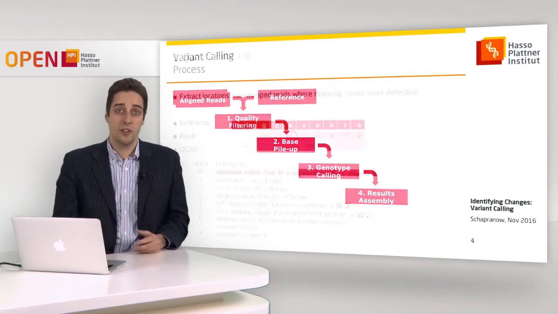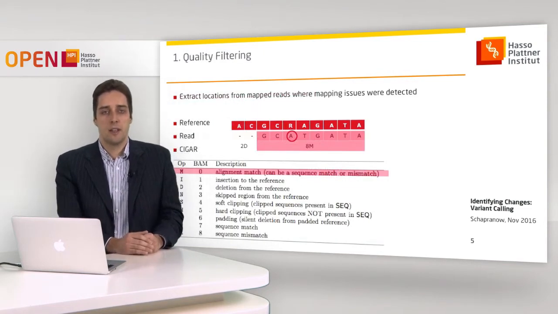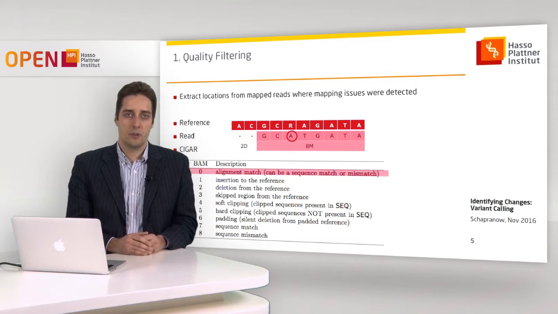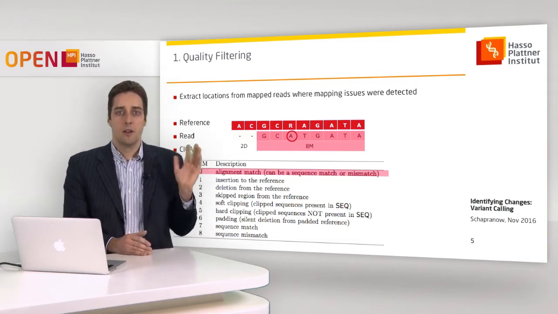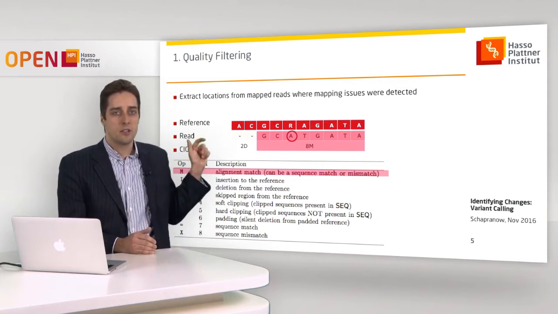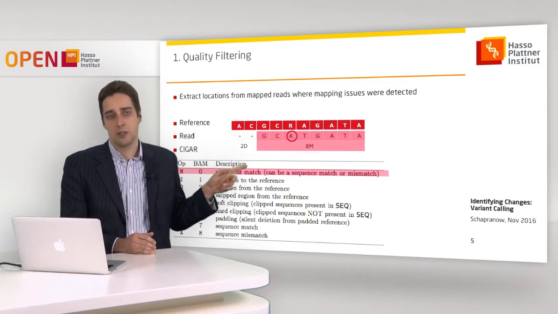Let's start with the first phase. It's the quality filtering. And therefore, we need to investigate a little bit the results from the alignment. The alignment results will have something like a read, where you have these mapped positions. You see it in this line, the bases A, C, G, Ts, and then you have a so-called cigar string.